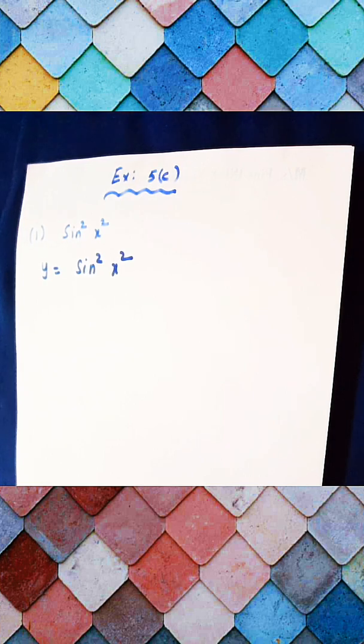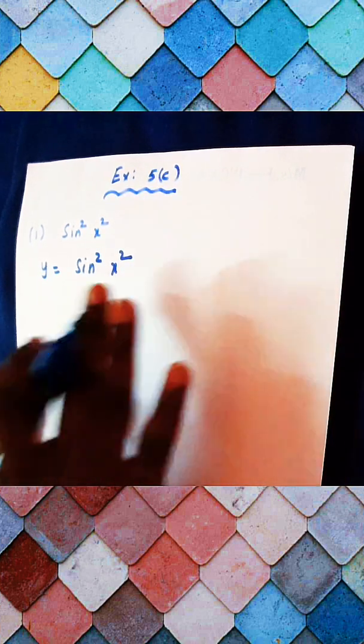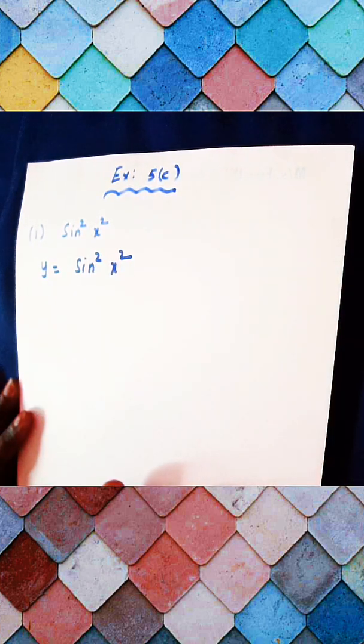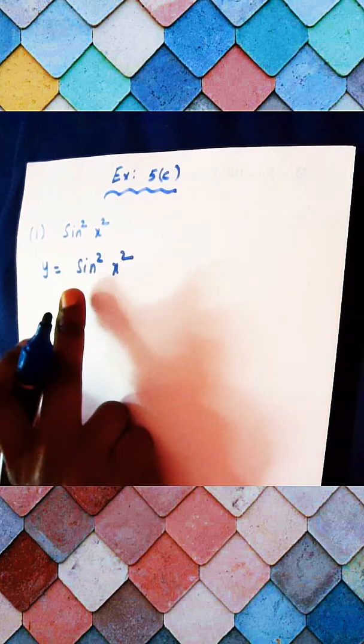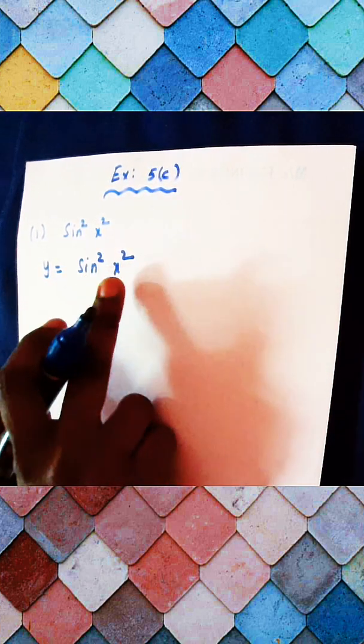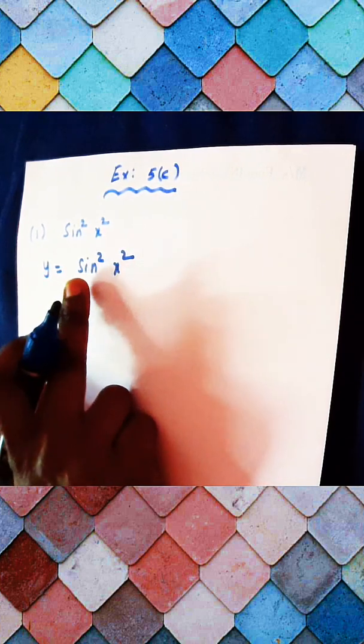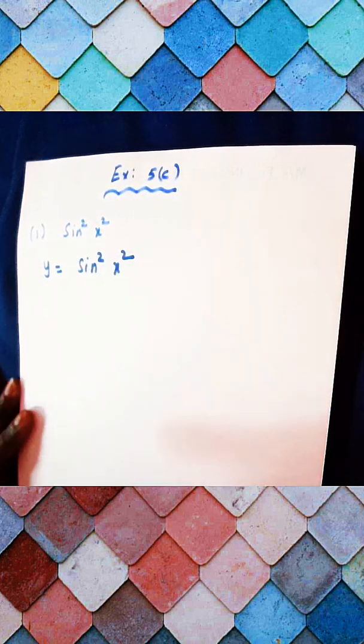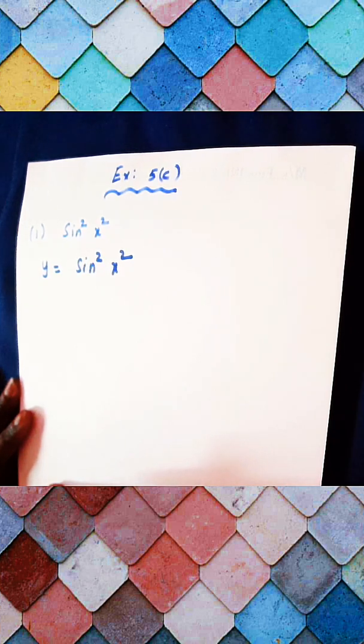Now we have to know what form it is and what rule we are going to apply. Definitely it is a trigonometric function. Sin square x square, which means the power of sin is 2. We will apply the power rule in differentiation.